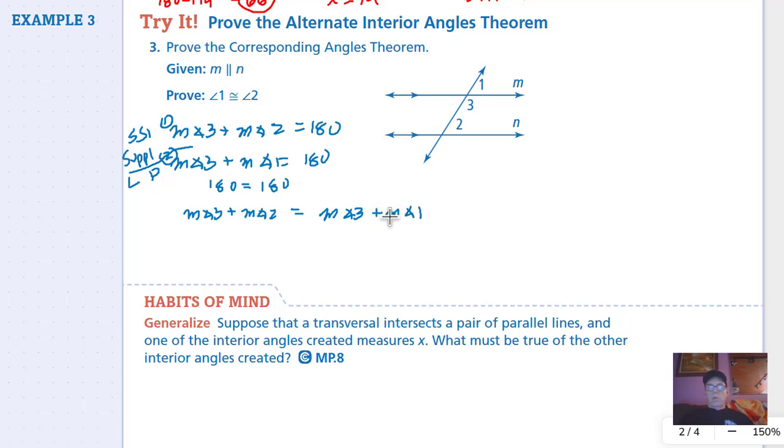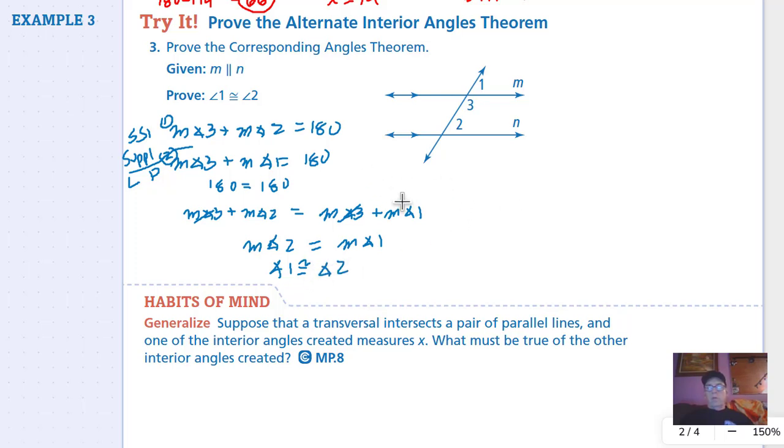Since these also are supplementary, we can set them equal to each other. Now if I take measure angle 3 away from both sides, I'm left with measure angle 2 equal to measure of angle 1. And by definition of congruent, if these two angles have equal measures, they're going to be congruent. So angle 1 is going to be congruent to angle 2.